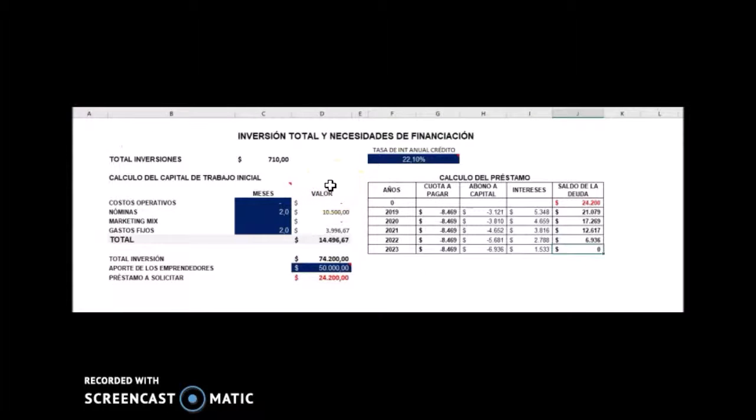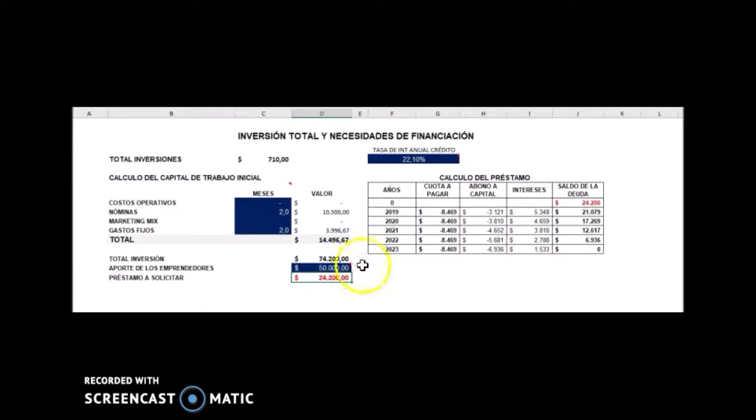Well, we just took the initial investment, so we also have here that we cannot afford all these costs. So the total investment, as we saw, is about $74,200. So we, as a company, are going to give $50,000, and we might need to take a loan of about $24,200.